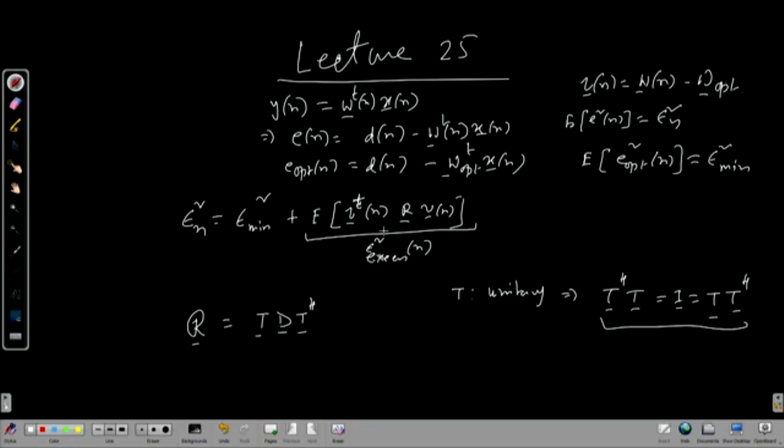So, trace, we know the term trace. Trace of a square matrix is the summation of the diagonal entries. So, a scalar is a 1 by 1, that is, a square matrix. So, its trace will be that element itself, isn't it?